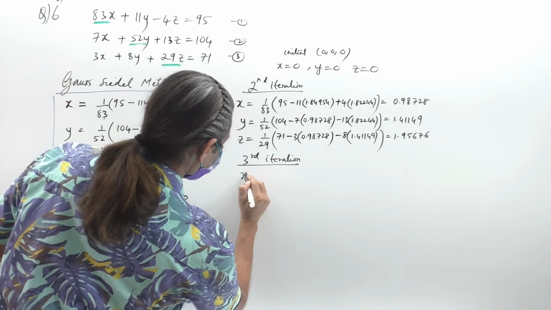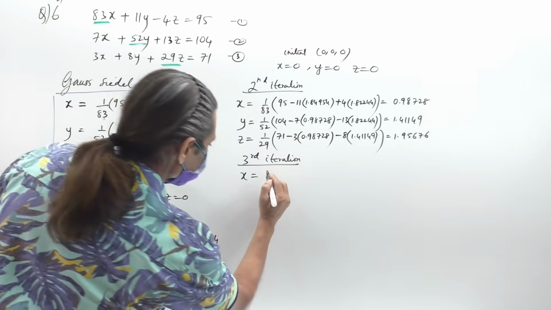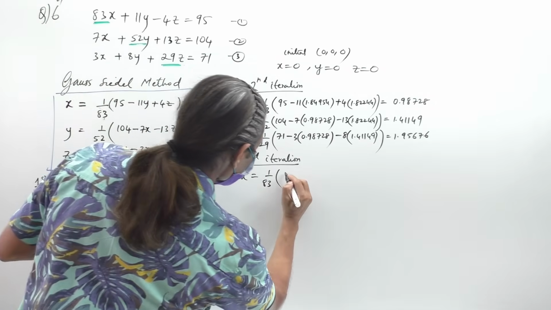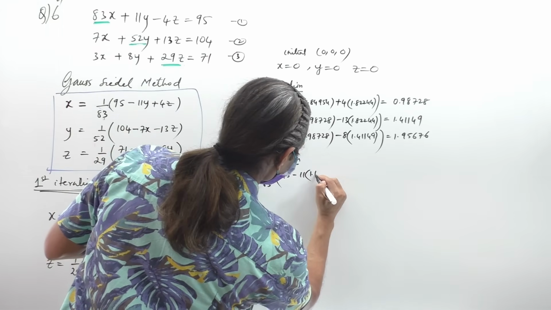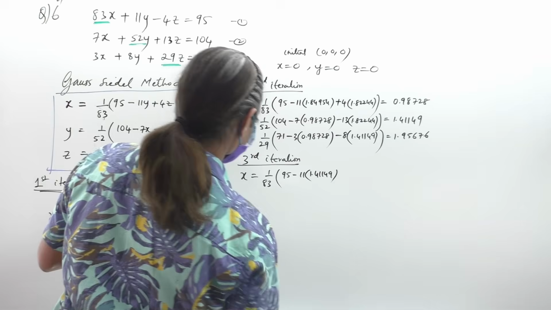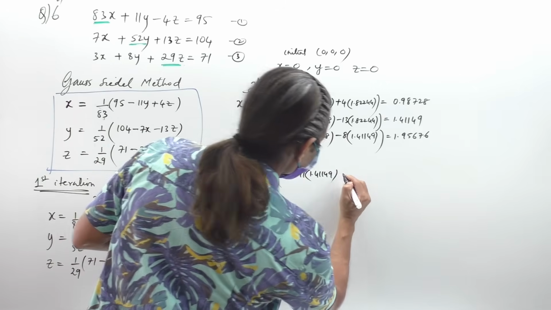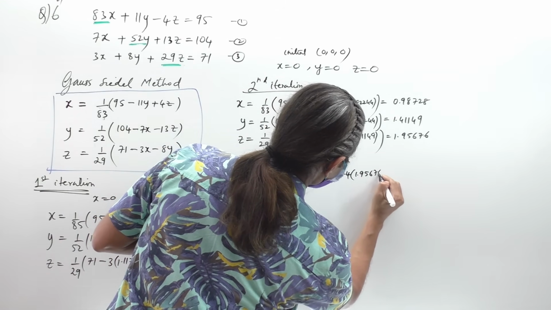Okay. So the third iteration will be, again x is equal to, what's that? 1 by 83, 95 minus 11 into, what is y? 1.41149. Okay. Plus 4 into, what is new z? 1.95676.